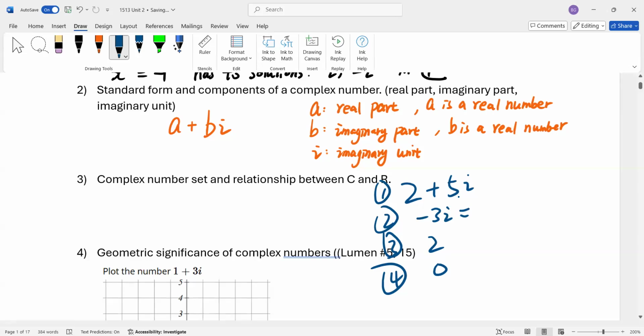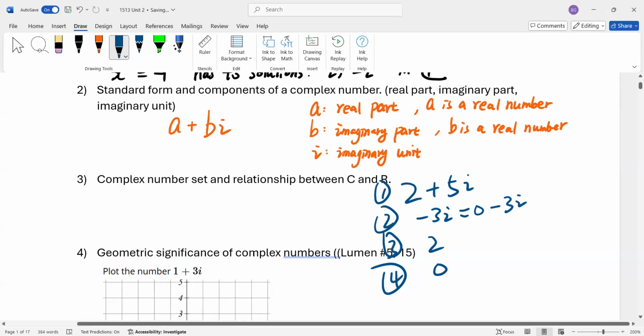We can write negative 3i as 0 plus negative 3i, right? Then this number is in the standard form. It is a complex number. The real part is 0. The imaginary part is negative 3. Be careful with the sign. i is the imaginary unit.